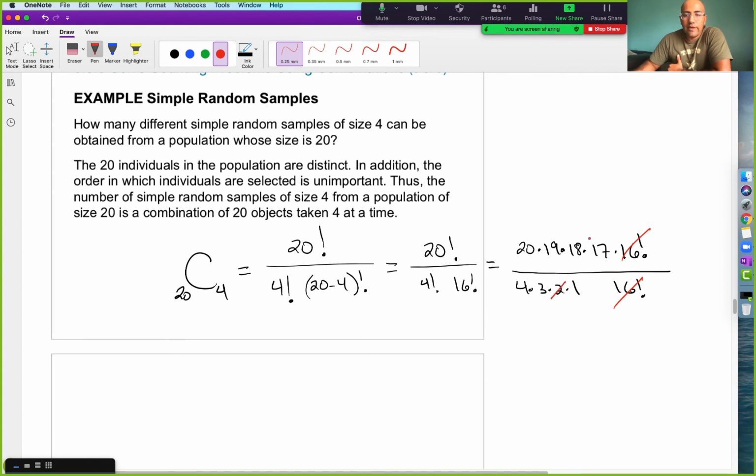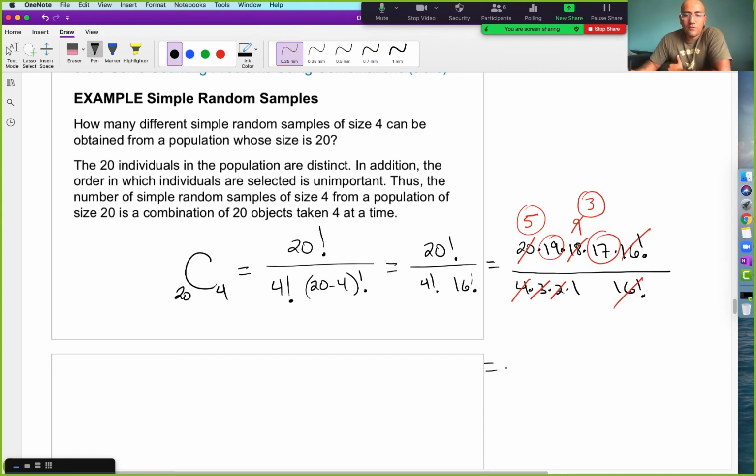The 2 and the 18 reduce, giving me a 9. And the 4 goes into 20, giving me a 5. And this 3 and that 9 reduce, so I'll cancel that guy, giving me a 3. So the only thing that has survived is a 5, a 19, a 3, and a 17.